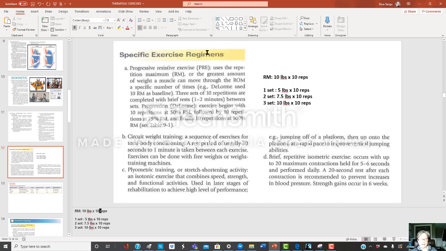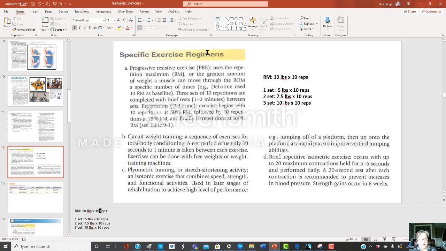Circuit weight training, a sequence of exercises for total body conditioning. A rest period of usually 30 seconds to 1 minute is taken between each exercise. Exercises can be done with free weights or weight training machines. Plyometric training or stretch shortening activity.